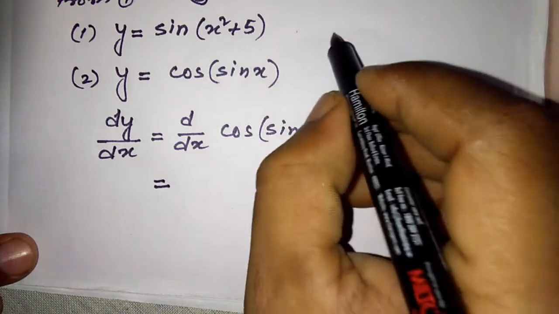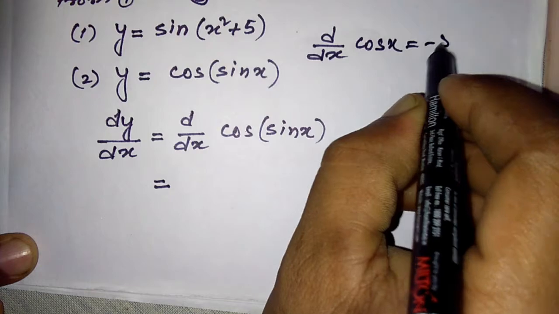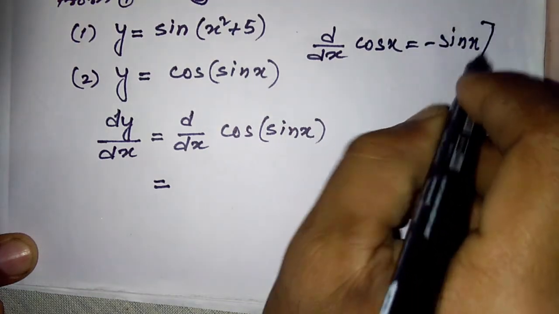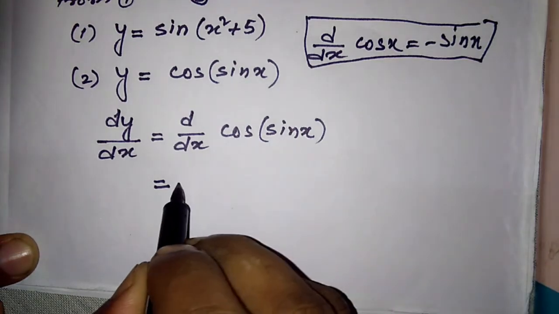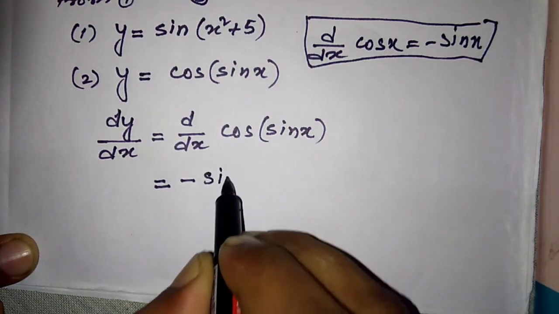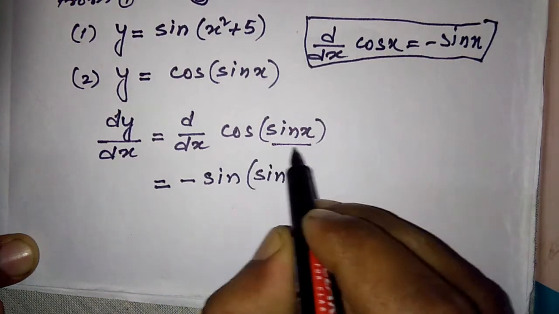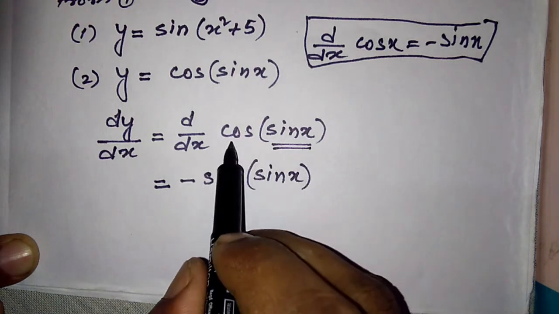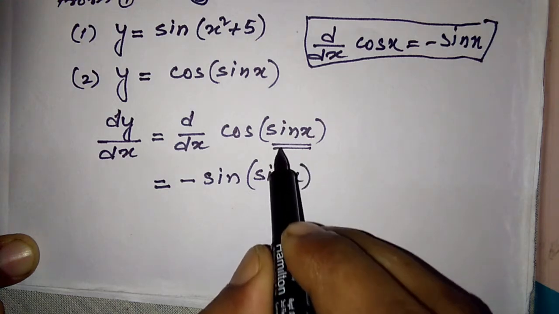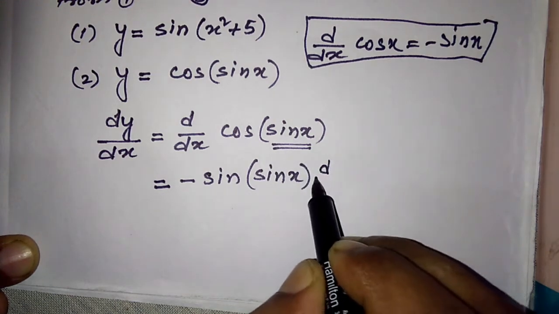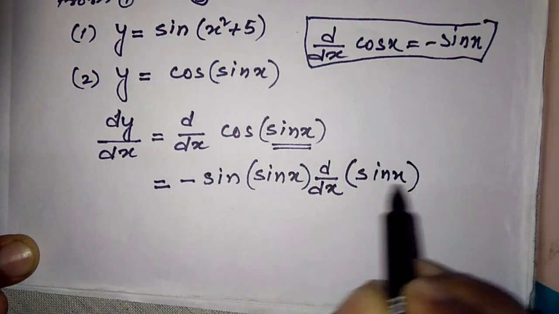The derivative of cos x, we know d/dx of cos x is equal to minus sin x. So cos(sin x) becomes minus sin(sin x). So here in place of x we have sin x, that is, the derivative of cos x is minus sin x, but we have to differentiate again the function sin x.